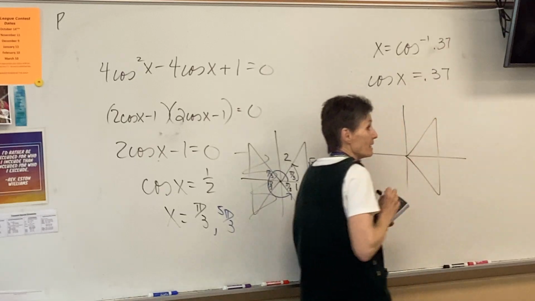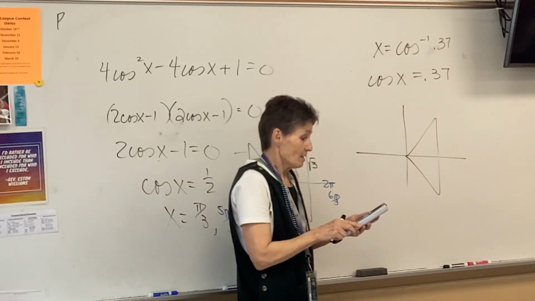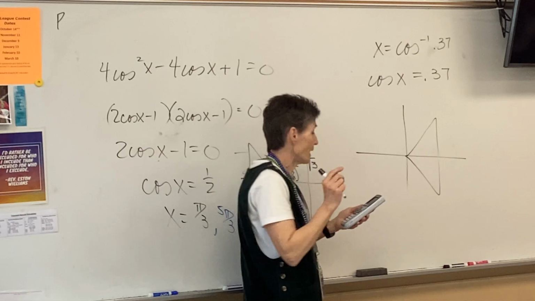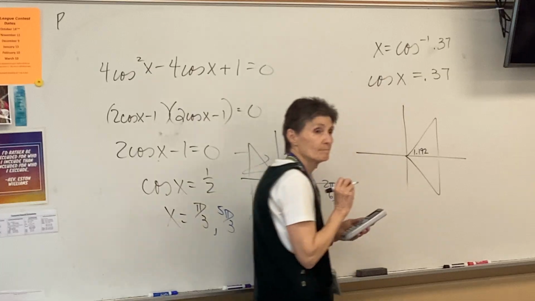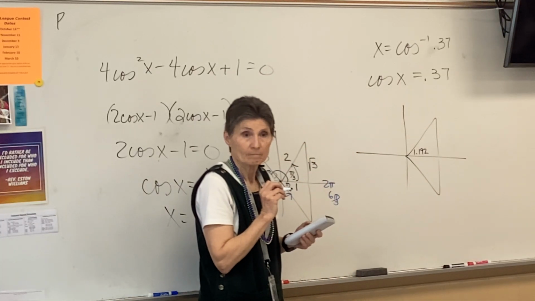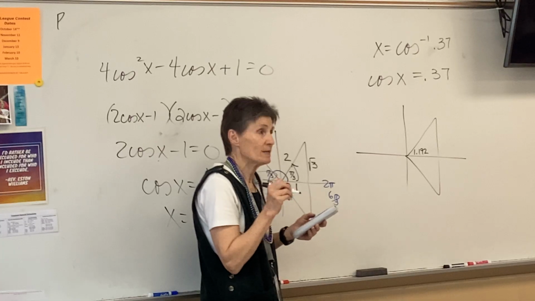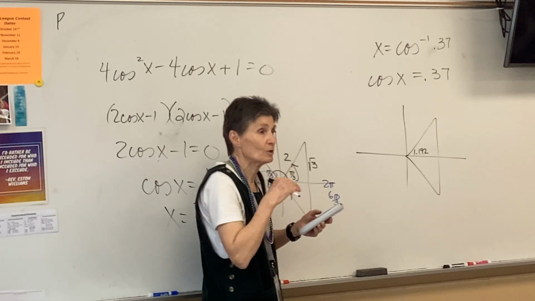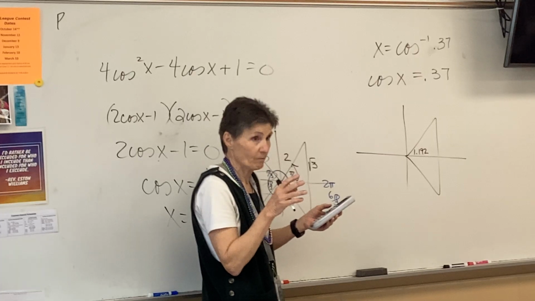Anytime I need an angle, I need to use this kind of notation. So did you get 1.192? Make sure you're in radians. Because if you're in degrees, you get something different. We said we were going to do radians first, so it doesn't matter. All right, are we good so far?